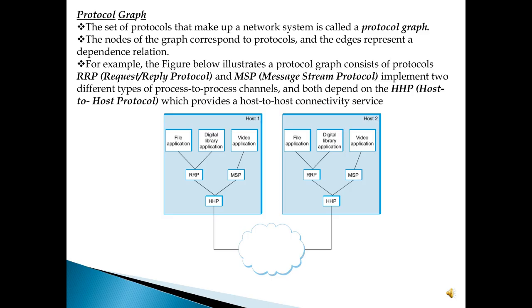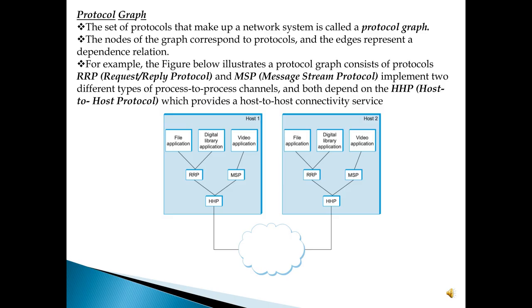So here in the architecture we can see there are two hosts, and the data is generated, for example, by a file application, digital library application, and video application. The file and digital library applications relate to a request, or it may be initiated as a reply, so both of them are connected with RRP.